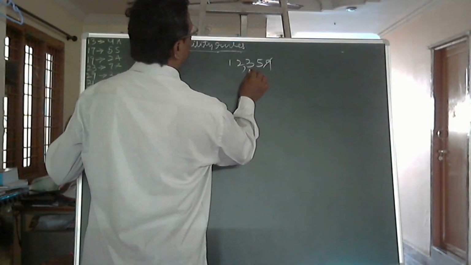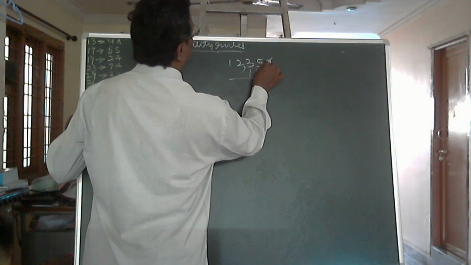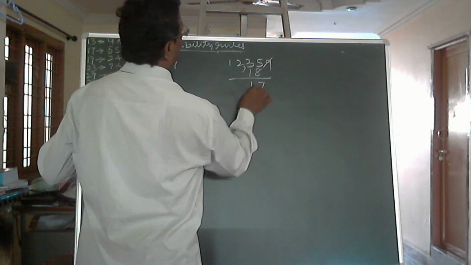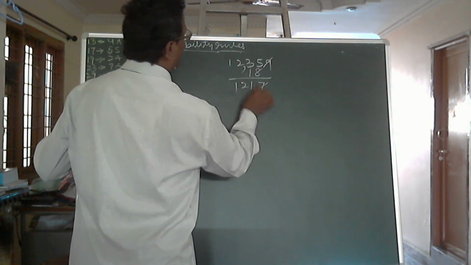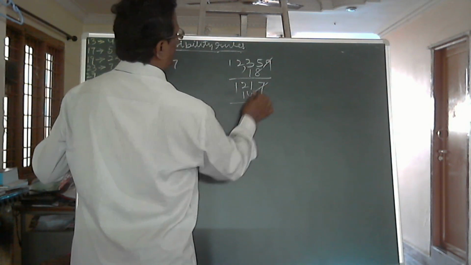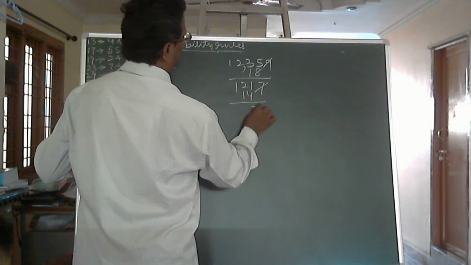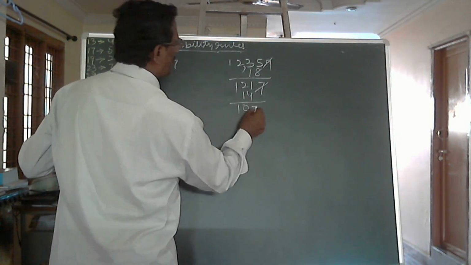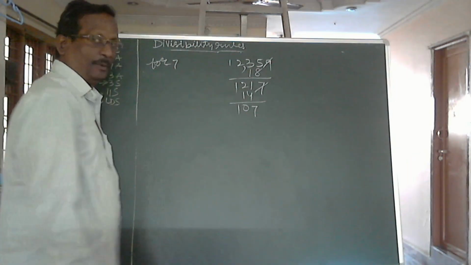Double 9 is 18, subtract 25 minus 18, 7. 1 already borrowed, 2. 2 minus 1 is 1. This is 2, 1. Again cut 7 and double 7. This is 14. 21 minus 14, 11 minus 4 is 7. And this is 1 minus 1, 0. 107. Now, 107 is divisible by 7.